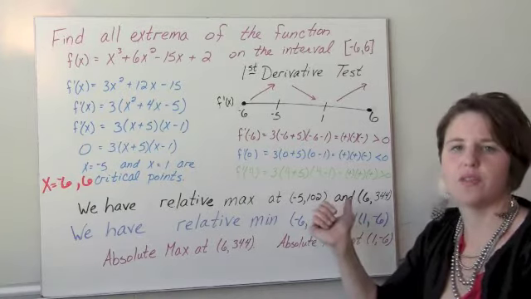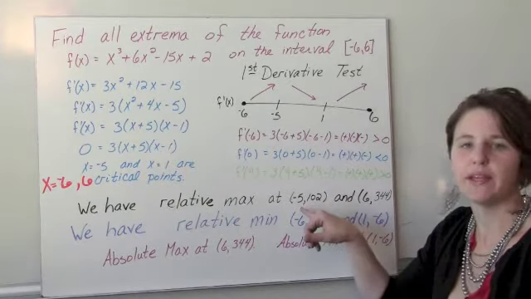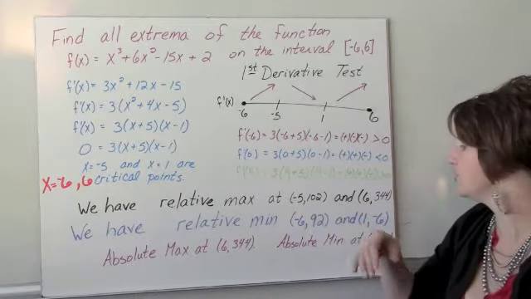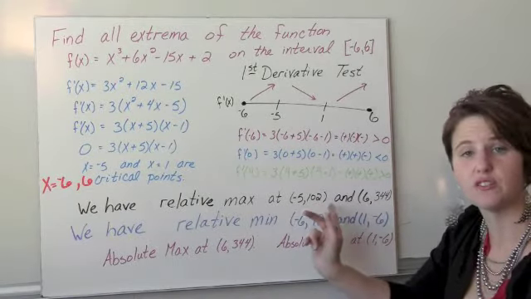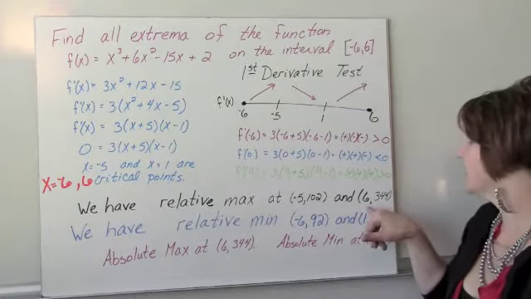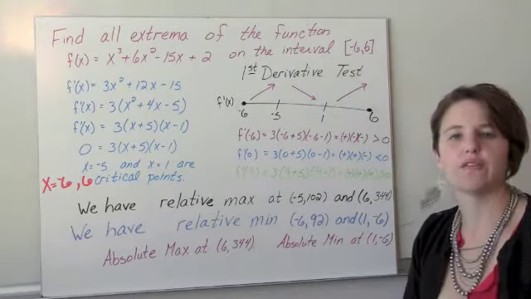And if I check out what those numbers are, I like to look at them as points. We say the relative max are at negative 5, 102. I plugged this into the original function. We're wanting to know where the original function is biggest. And then 6, 34.